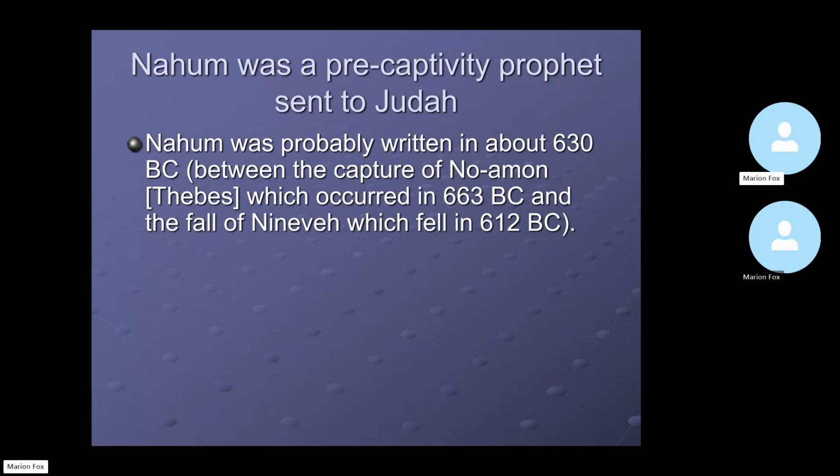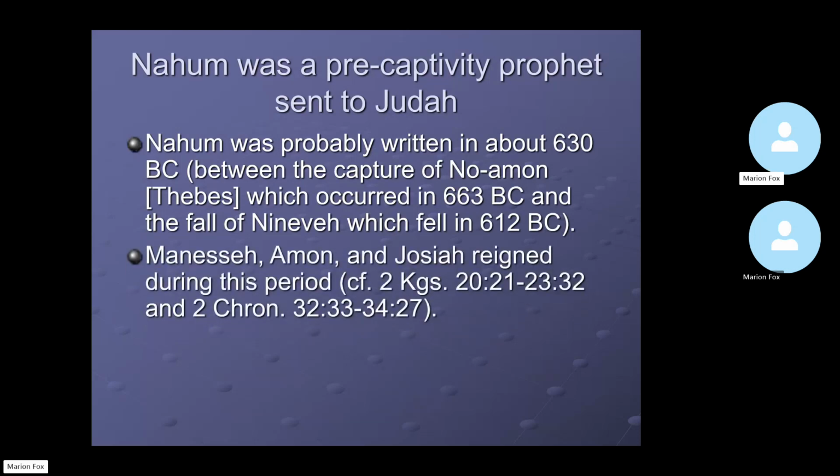So we get a time frame, an outside time boundary. It was between 663 BC and 612 BC, because we know the fall of Nineveh and No-Amon, which is Thebes in Egypt, is discussed. So we have a time frame. I would put it about in the middle of this time frame, about 630 BC, as approximately when it was written.